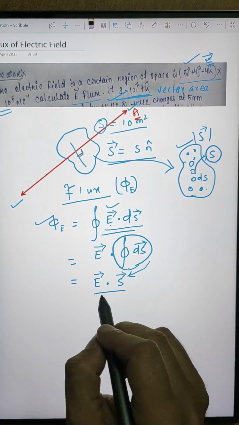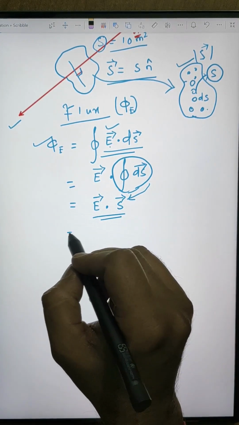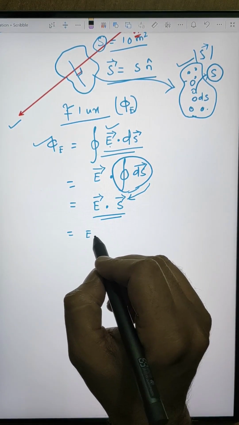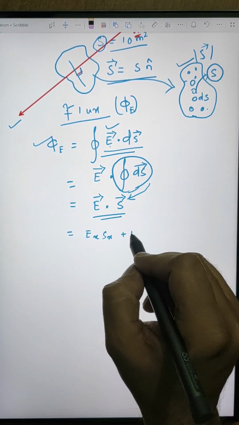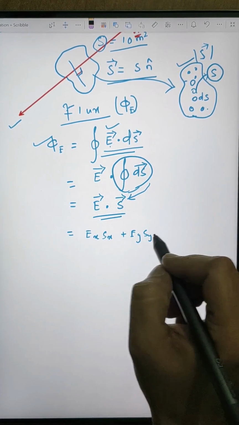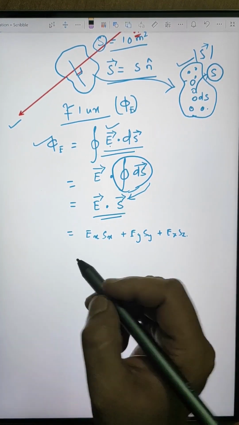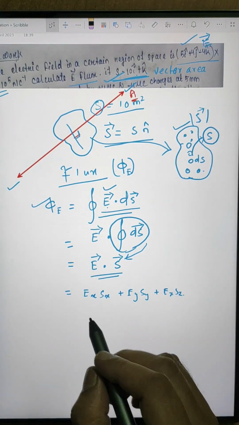Now this can also be given in the form of components, that is Ex Sx plus Ey Sy plus Ez Sz. Now let's write down what E dot S is.